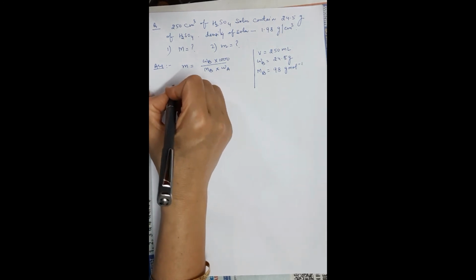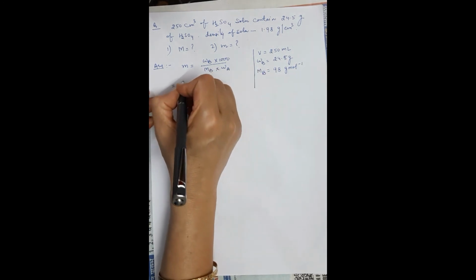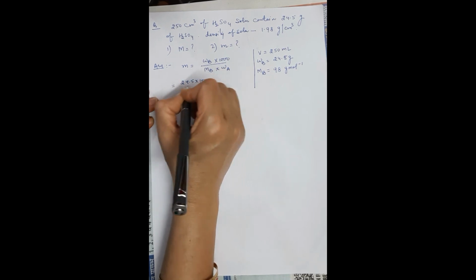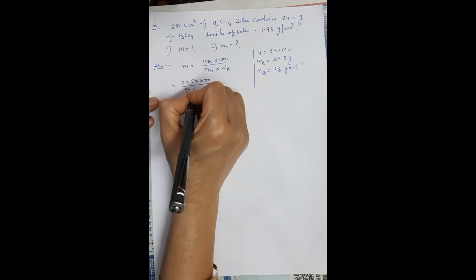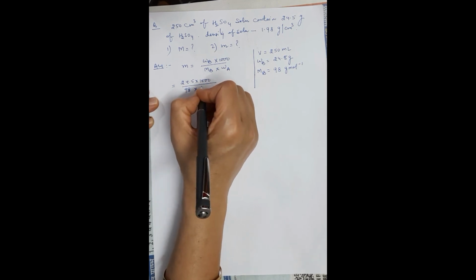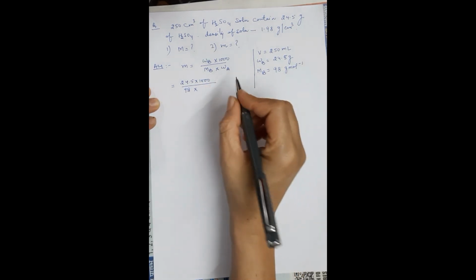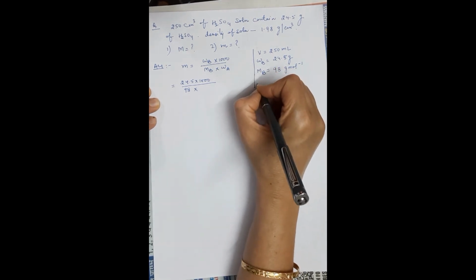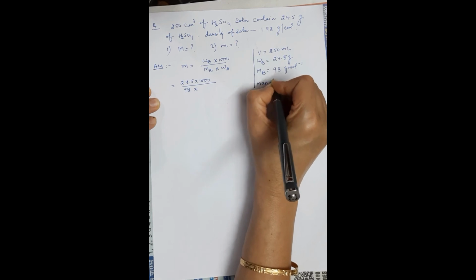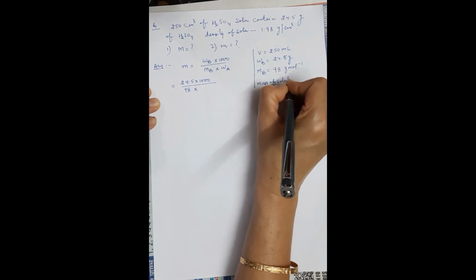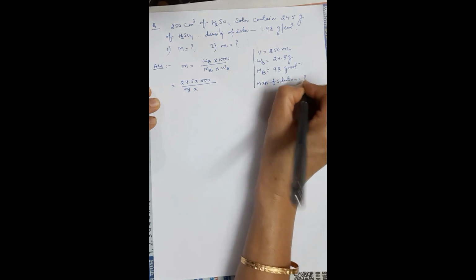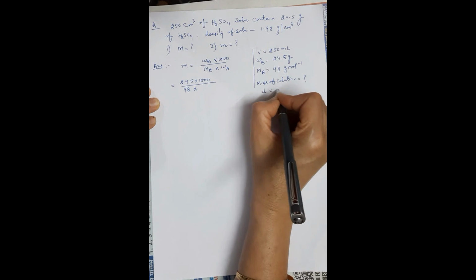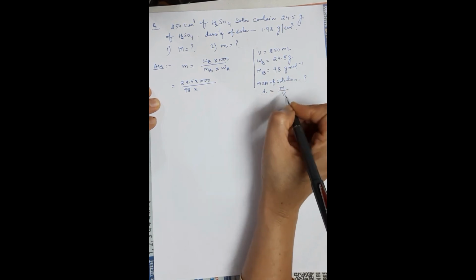Beta, now you write down the values here. WB is 24.5 into 1000 divided by molar mass is 98 and given mass of solvent. How will you find out mass of solvent? First of all, find out mass of solution. How will you find out mass of solution? We already know density is equal to mass per unit volume.